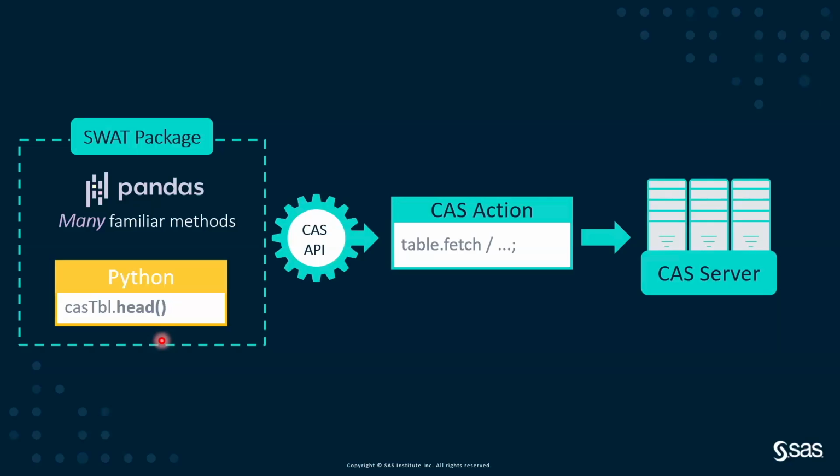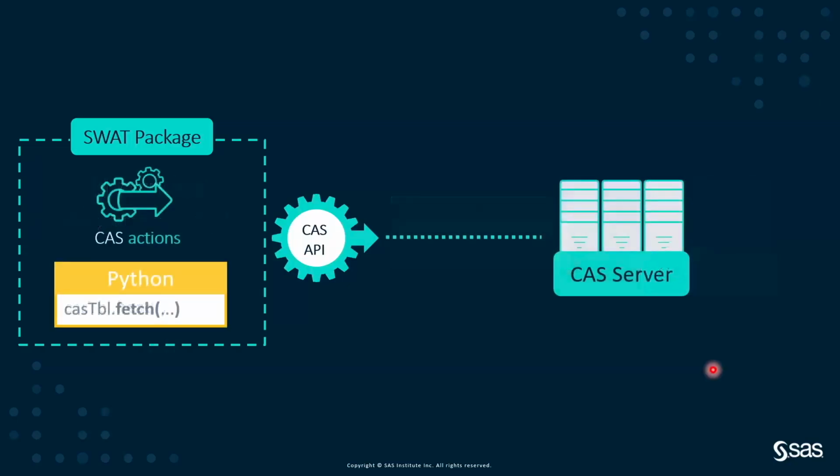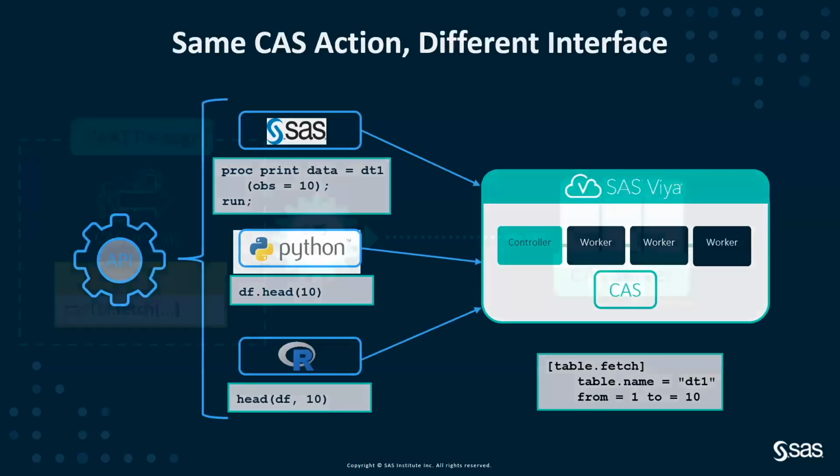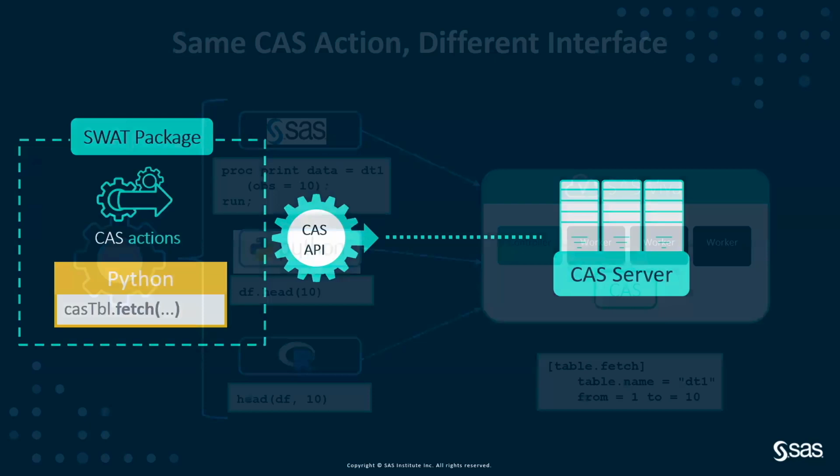So eventually what is happening is you might end up triggering, for example, this head function from your Python interface or Jupyter notebook, while the SWAT package would eventually translate it, and it will ensure that your CAS server understands what is being asked for, and then it will actually do all the jobs and send back the results to it. So you need a SWAT package in between.